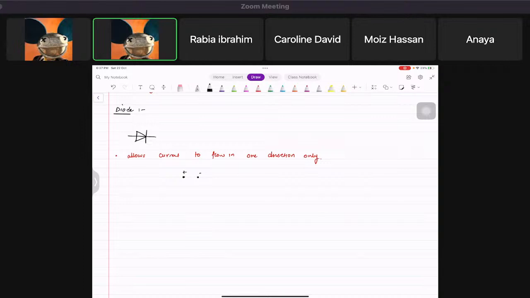What I mean by this is that suppose you put a DC source, positive terminal and negative terminal, and now you put a diode like this, and the wire goes through a bulb. And then another student has done it like this. Because the current will go from positive, reach here, if it's going from this side, it will allow the current to go and the bulb will light up.